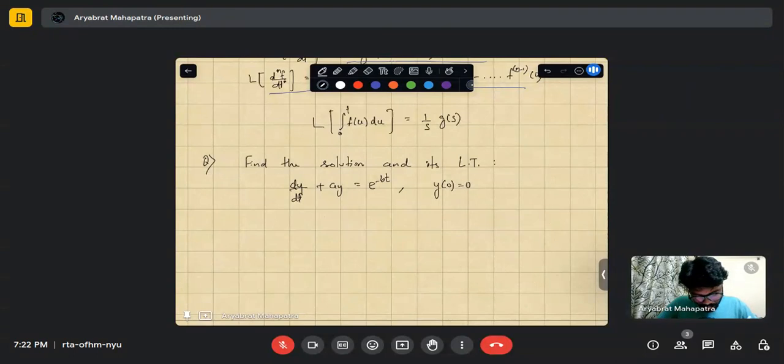Here is one differential equation which I have taken: dy by dt plus a y equals e to the power minus bt, with initial condition y of 0.